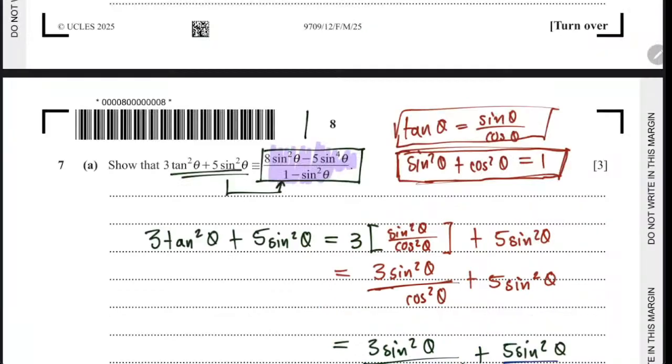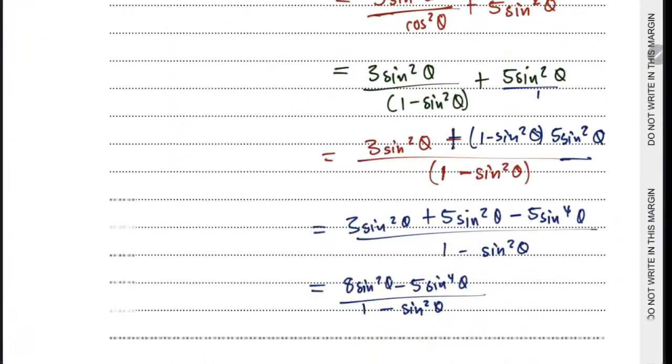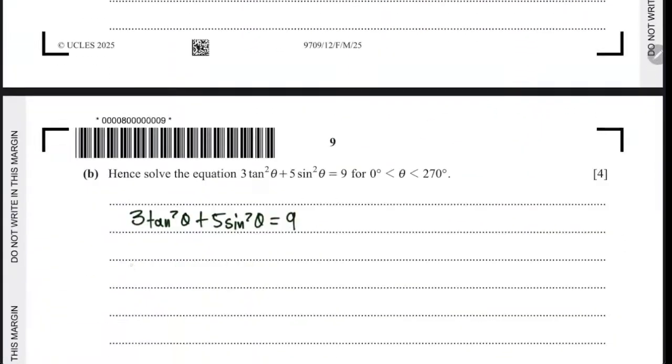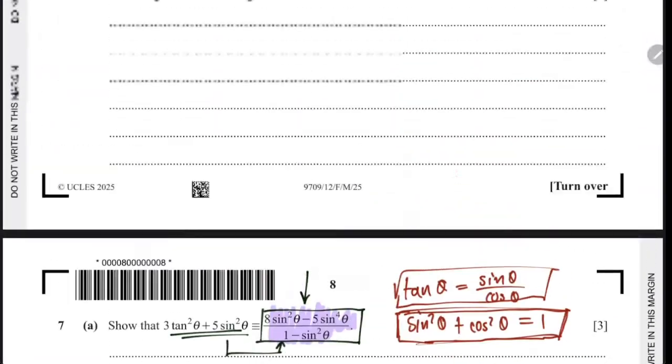So you got to replace and put this, okay? 8 sine squared theta minus 5 sine to the 4th theta all over 1 minus sine squared theta is now equal to 9. Okay? Because we just saw in the last part that this actually changes to be this. So now you just have to solve.